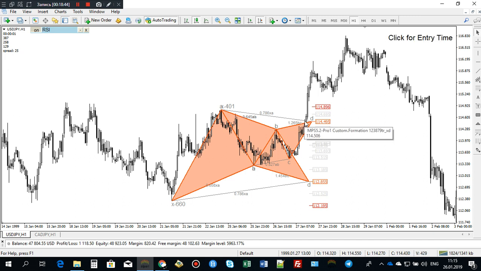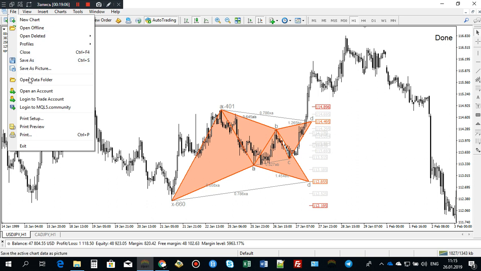This means we need to click for a candle of completion because this candle crosses this price, and then click for entry price, and you just click for that area where the entry price is situated. Then press N or M. M is a loss. We press loss and it is done. Let's go to see what is written in the file.